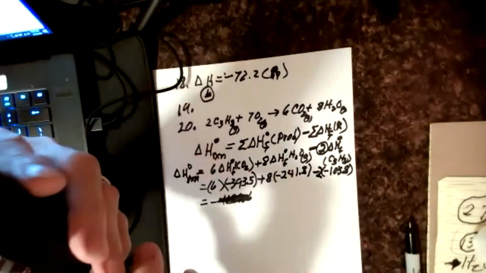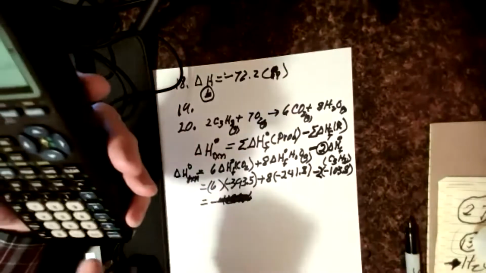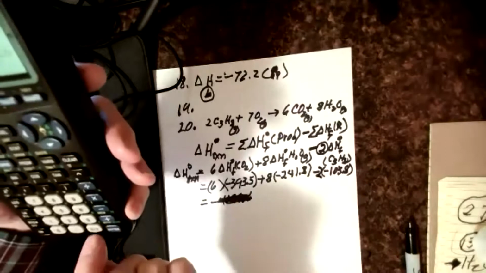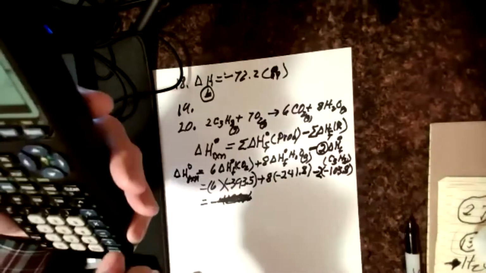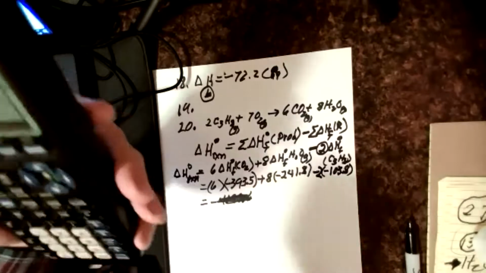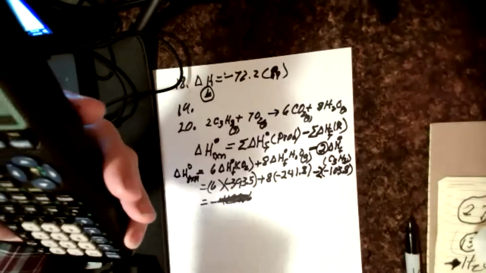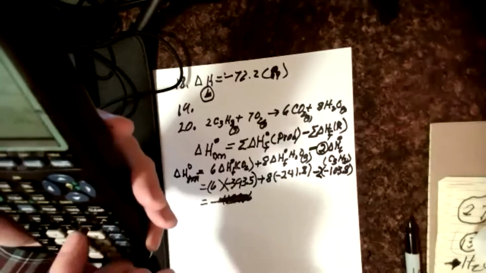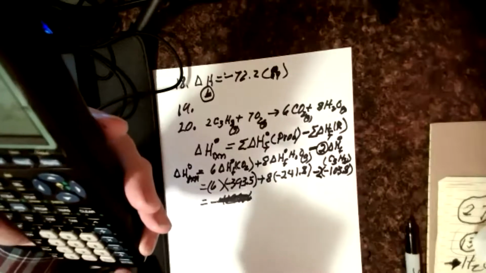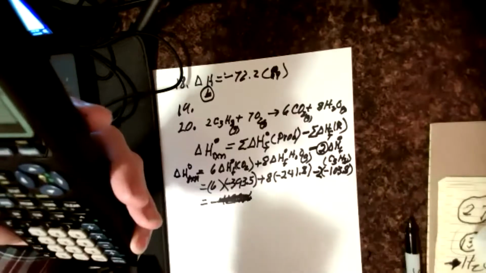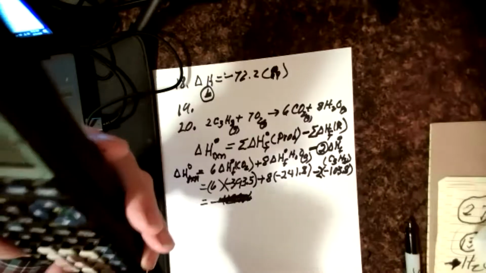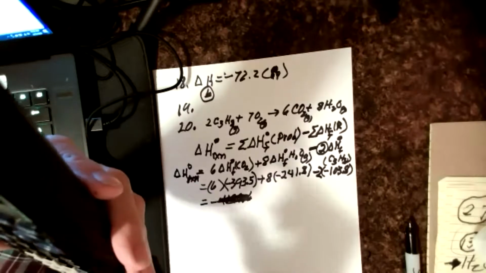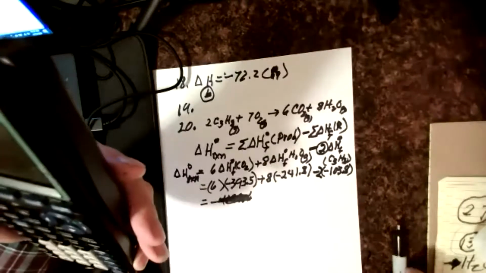All right, back up and I'll just redo it. 6 times minus 393.5, plus 8 times minus 241.8, minus 2 times minus 103.8.